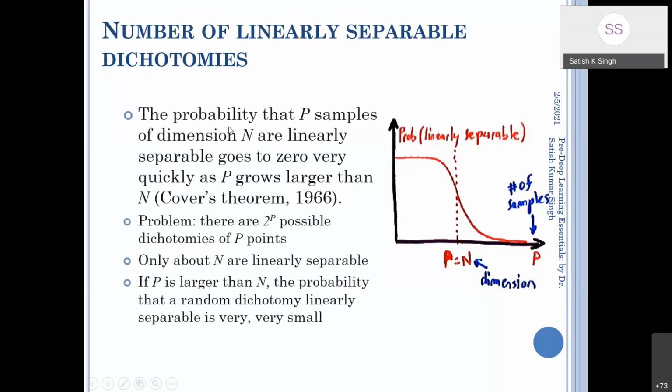So the probability that p samples of dimension n are linearly separable goes to 0 quickly as p grows larger than n, as per Cover's theorem, which was introduced in 1966. Now, can you correlate this elaboration with the curse of dimensionality kind of problem? There is some sort of relation and projection.